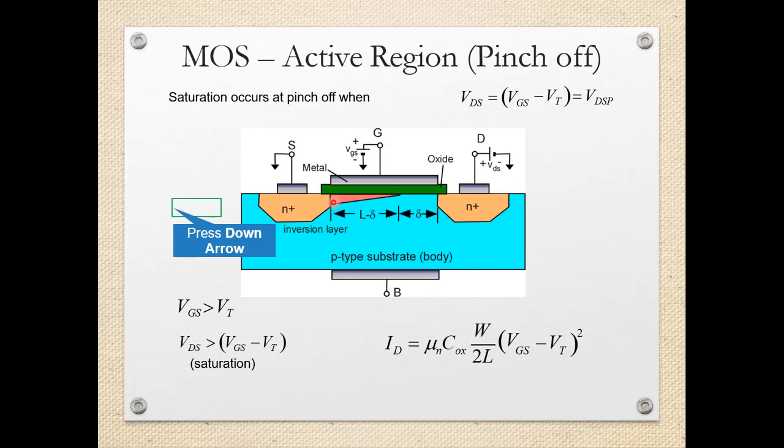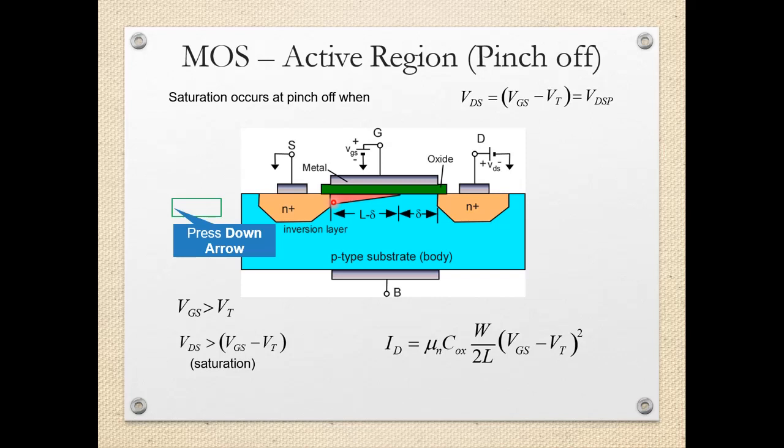Now further, if that voltage is increased, then we can obtain the condition which is called as the pinch-off condition. In this pinch-off condition, VDS is greater than VGS minus VT, and you can see this channel which was created is now reducing further.